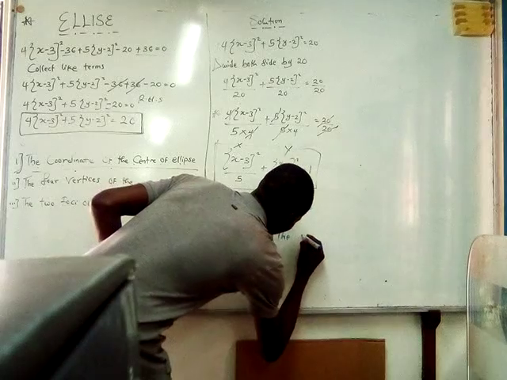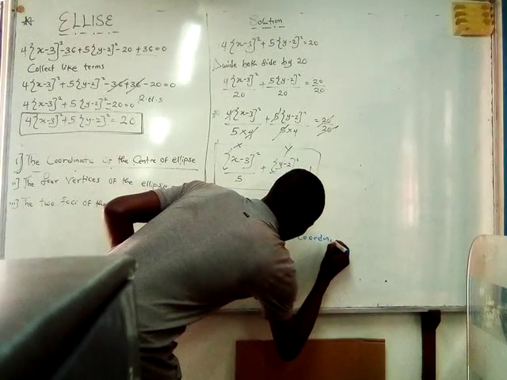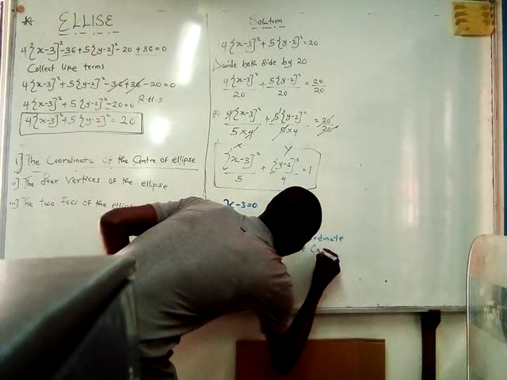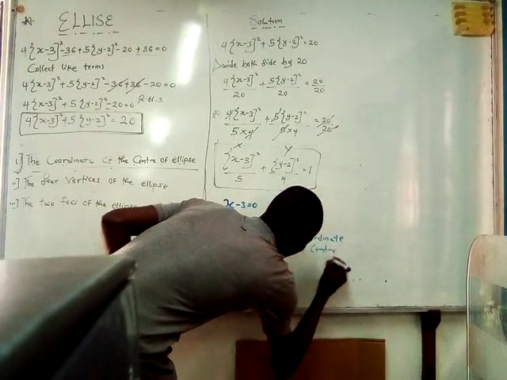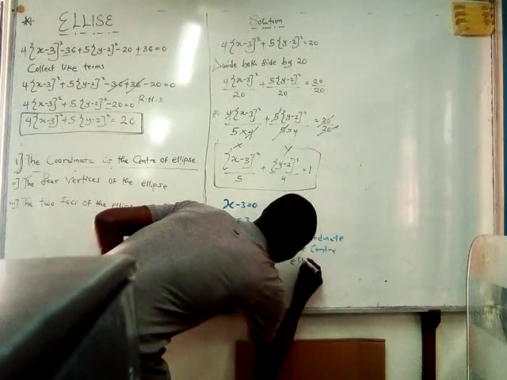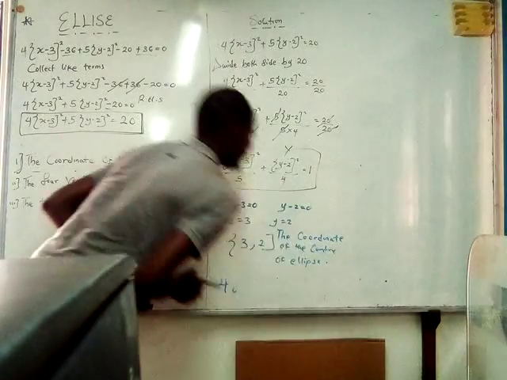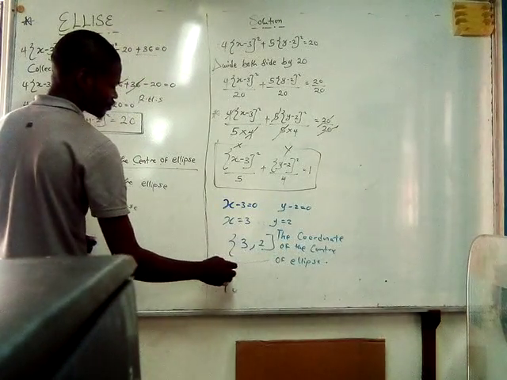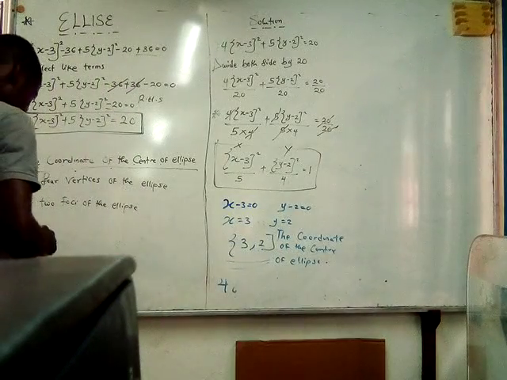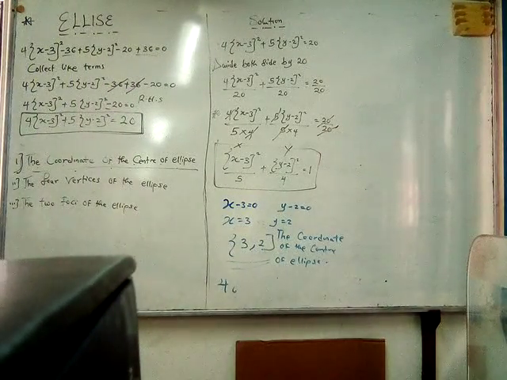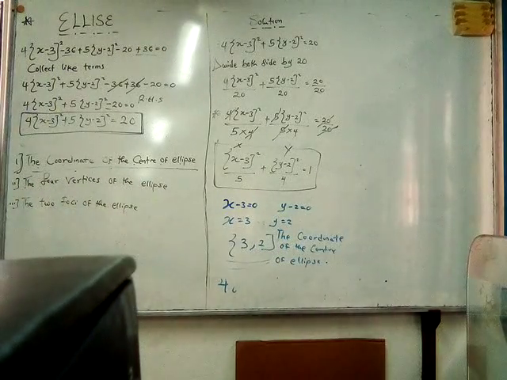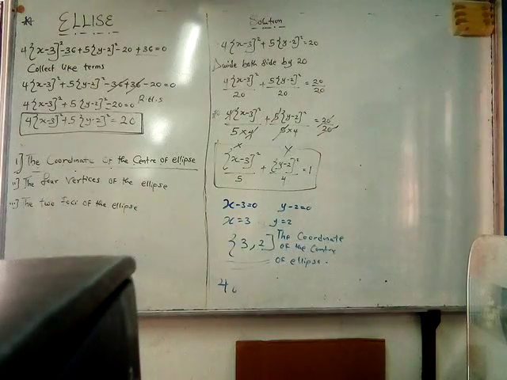That is Roman figure 1 answer. So to move forward, they say that the four vertices of the ellipse.